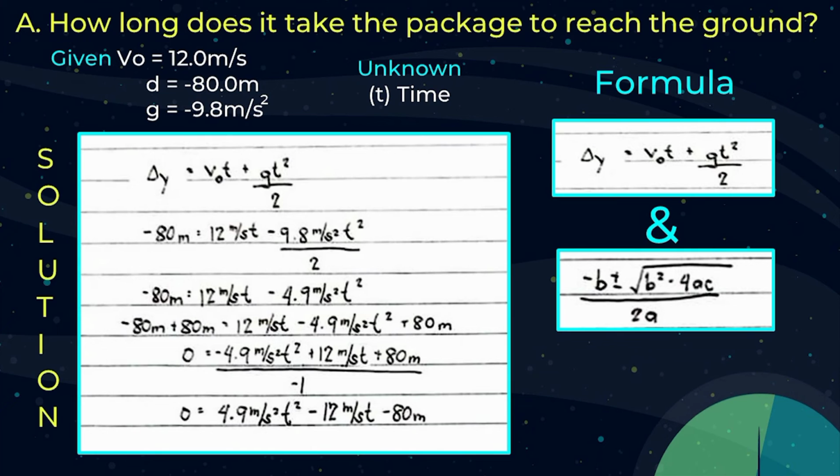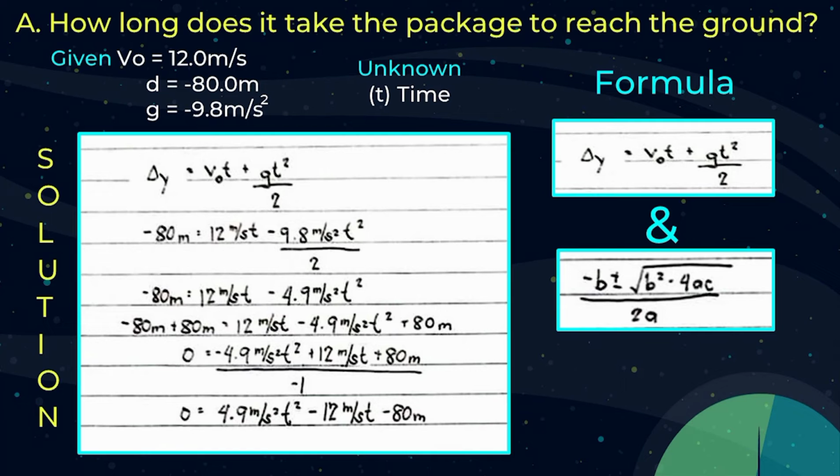Then we simplify negative 9.8 meters per second squared t squared over 2, and that will be negative 4.9 meters per second squared t squared. Then we add positive 80 meters on both sides to eliminate negative 80 meters on the left side, and we arrive at the quadratic equation: 0 is equal to negative 4.9 t squared plus 12 t plus 80.